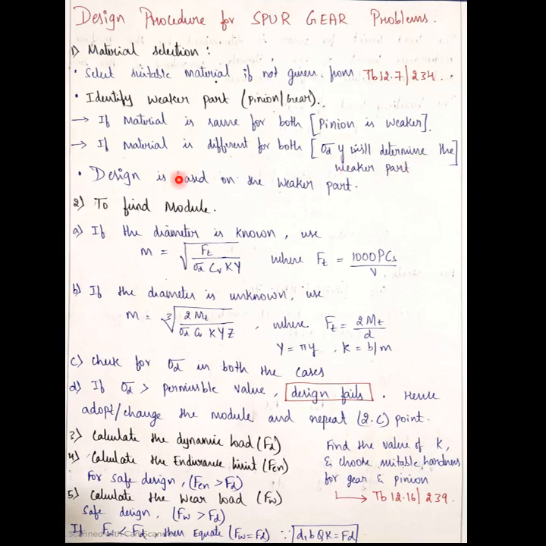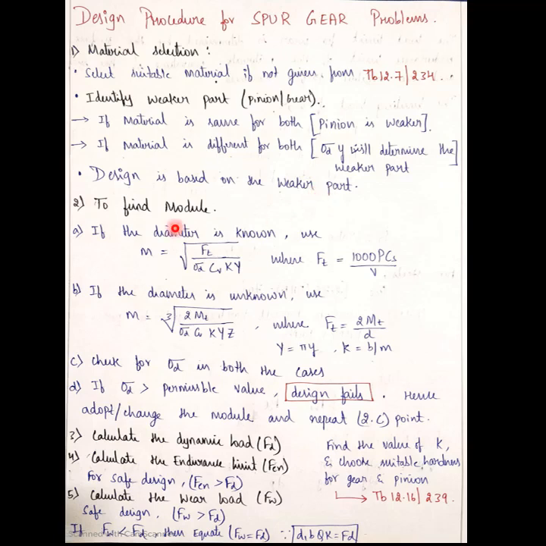Why should we do this? Because in the next steps of the design procedure, we will be calculating dynamic loads, endurance limit, wear loads and different materials. Hence the design is based on the weaker part, and the dimensional parameters will be considered only with respect to the weaker part, whether it is a gear or a pinion.